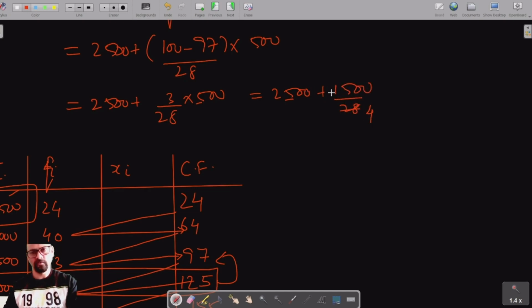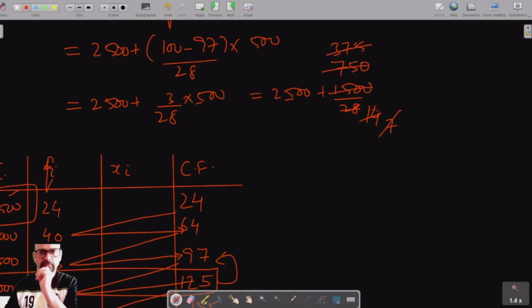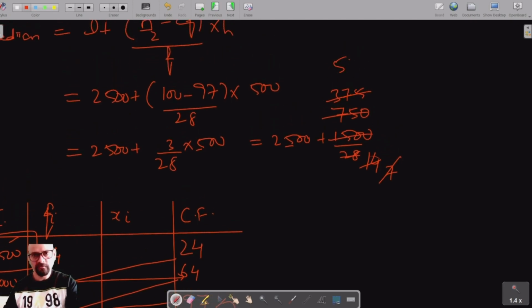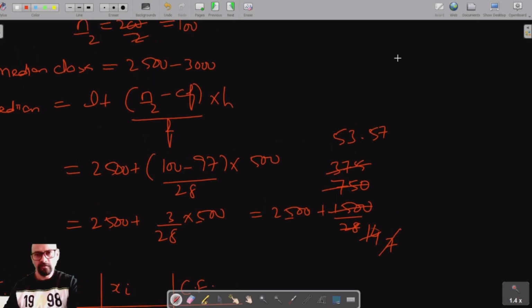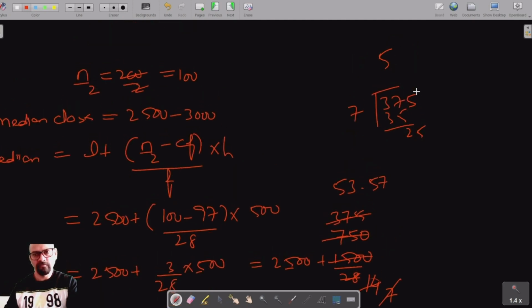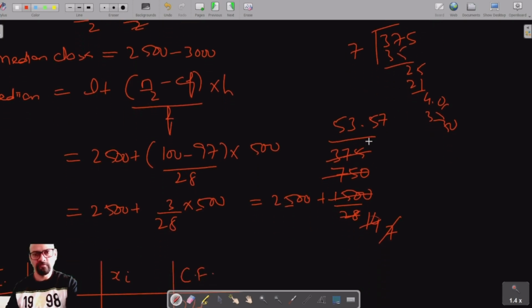1500 by 28. Dividing it by 7, 7 fives are 35, 7 threes are 21, 7 sevens are 49, and it gives 53.57.